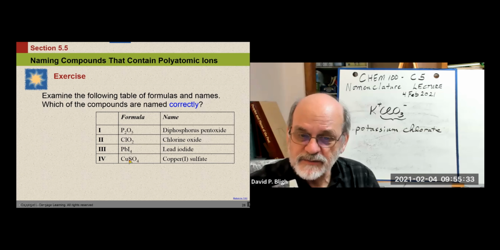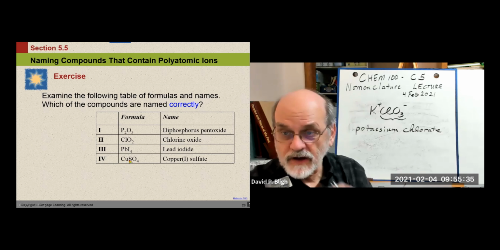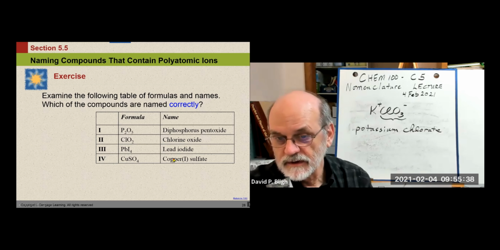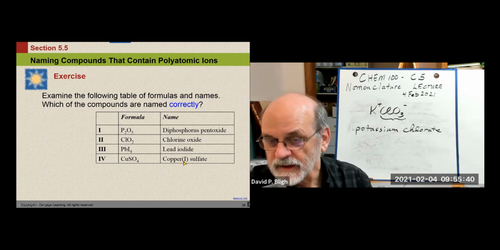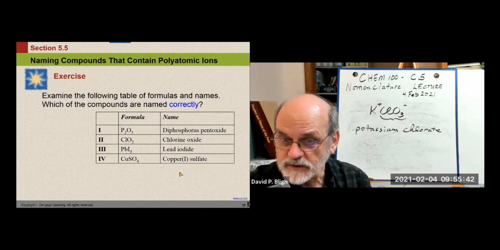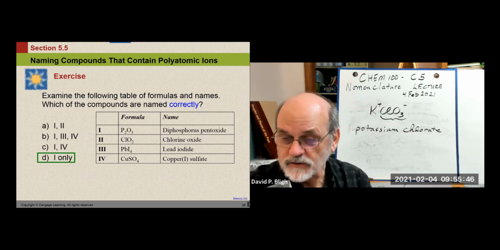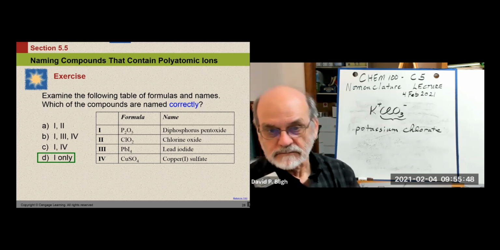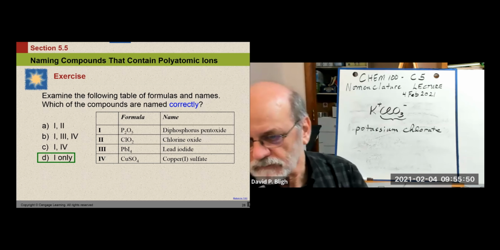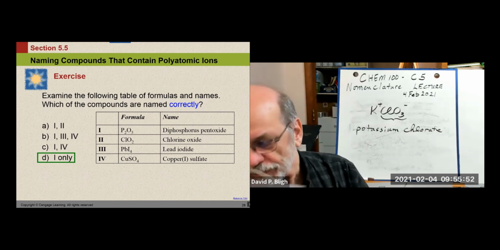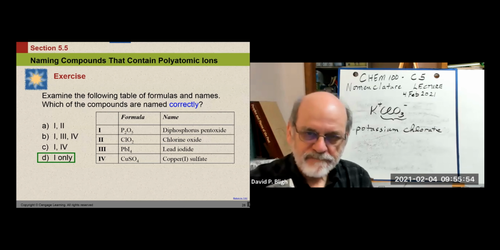So copper has to be a 2 plus because there's only one of them. So that one's wrong. The only correct one is the first one. Right? The rest of them are wrong. Okay.